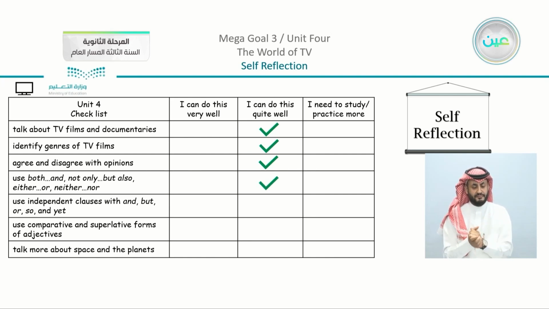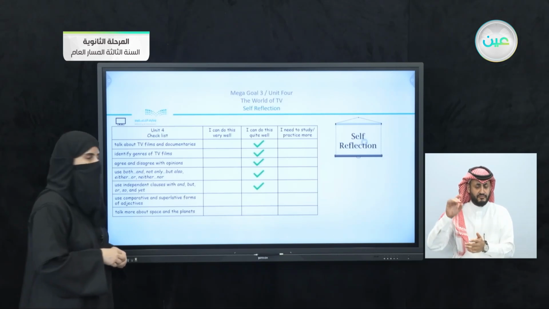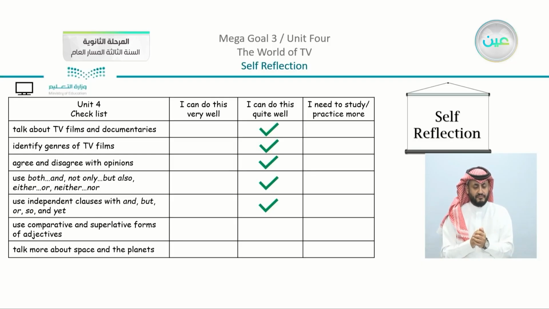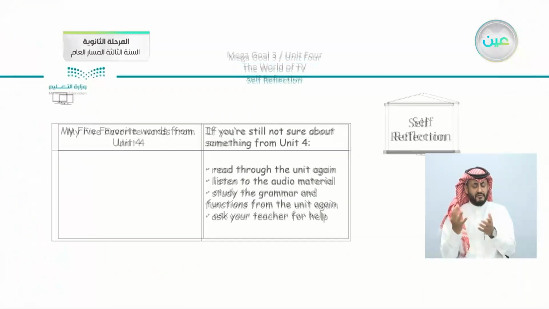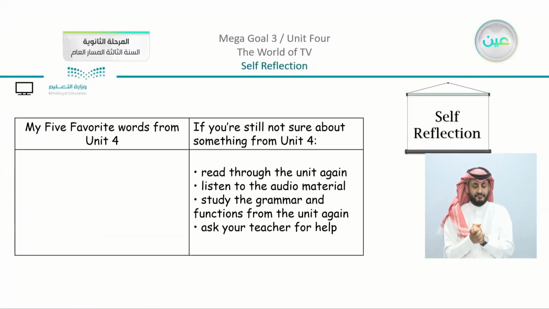We have also use independent clauses with and, but, or, so and yet. All of these, we can use them in sentences. So this was quite easy to apply. We have to use comparative and superlative forms of adjectives, and to talk more about space and the planets. So we can find that Unit 4 was actually an interesting unit to study.